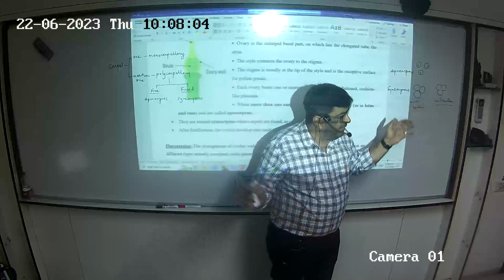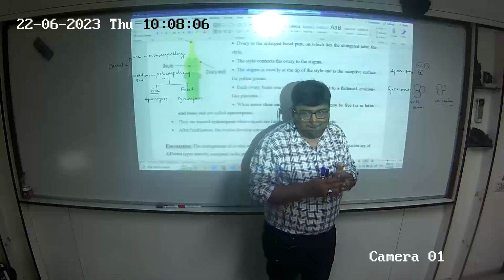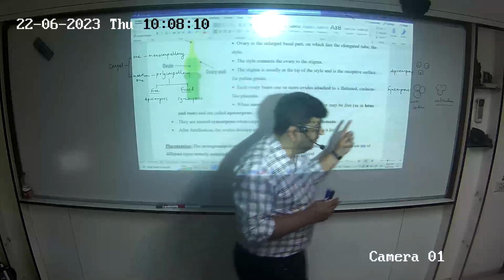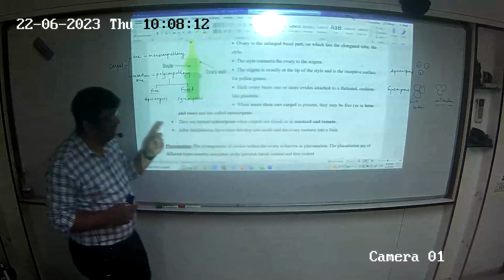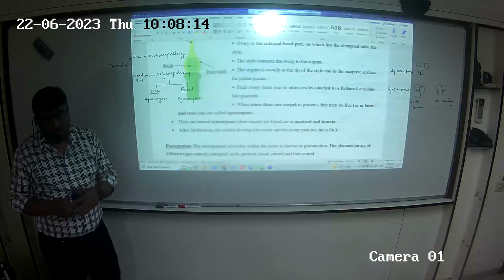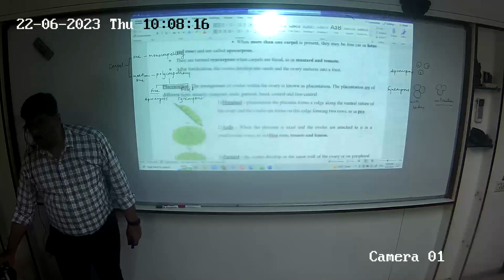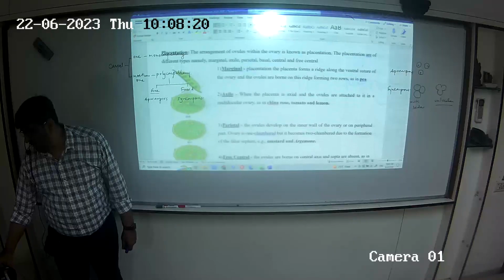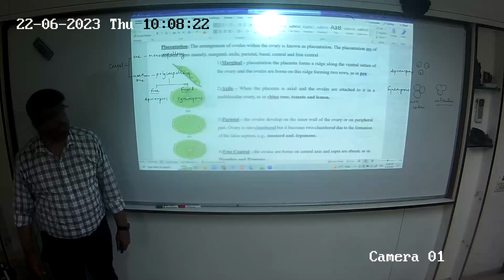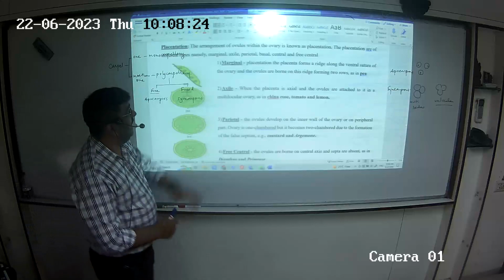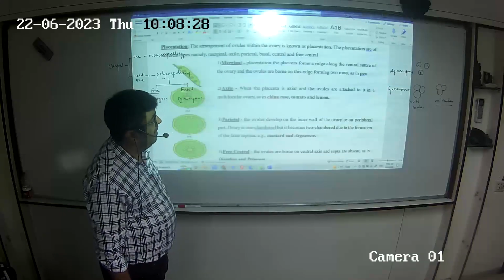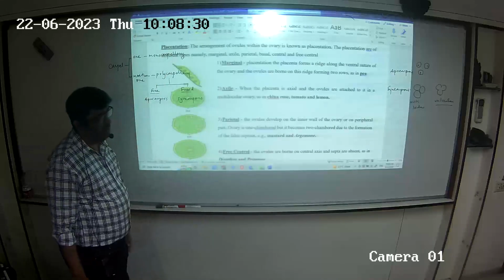Fused, but everybody has become one. Are these two conditions understood? Because this is important to understand what placentation is. Yes, please. Now placentation. Arrangement of ovules within the ovary is known as placentation. Now the types of placentation.